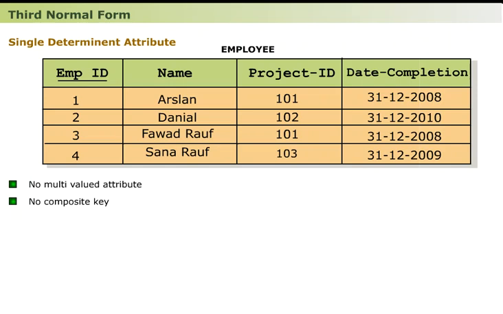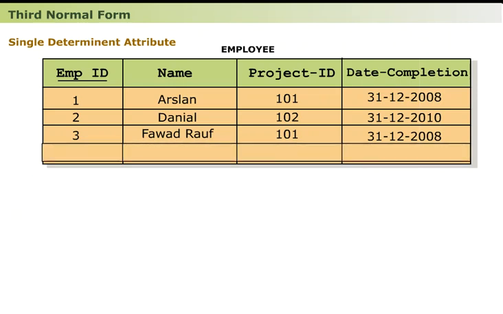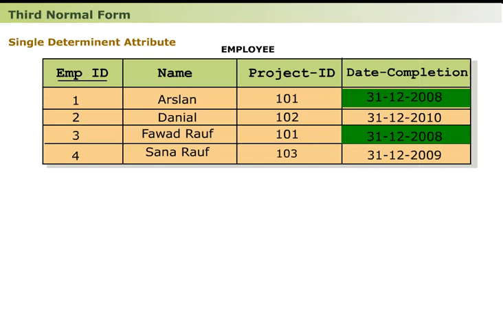But let us evaluate the table for various anomalies. New project cannot be defined until an employee is assigned to the project. Thus, the table has insert anomaly. The update of project completion date needs multiple updates because it is stored redundantly. Thus, the table has update anomaly.